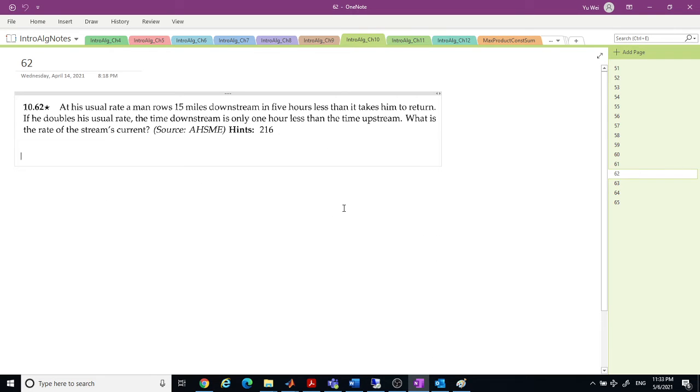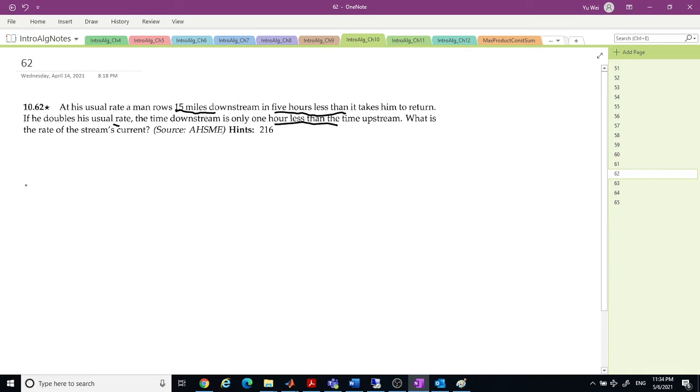Next, at his usual rate, a man rows 15 miles downstream in 5 hours less than it takes him to return. If he doubles the usual rate, 15 miles takes 1 hour less than the return trip.